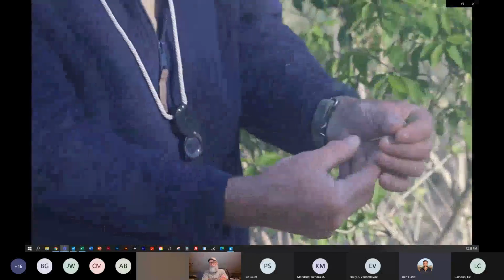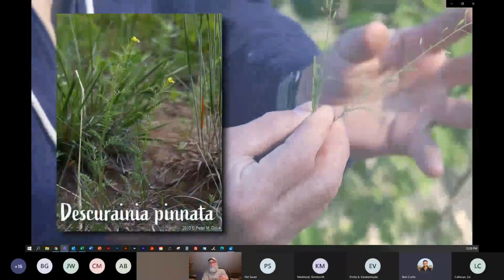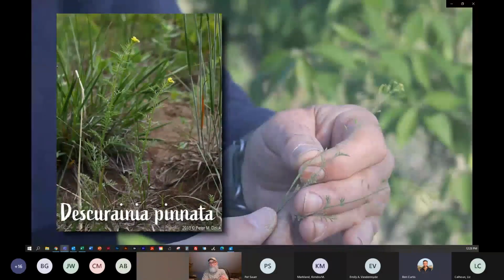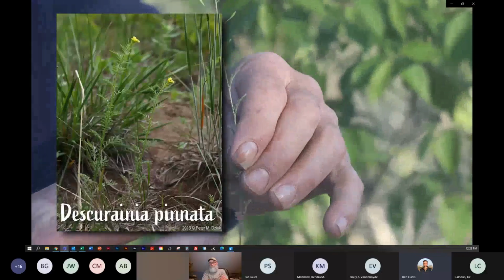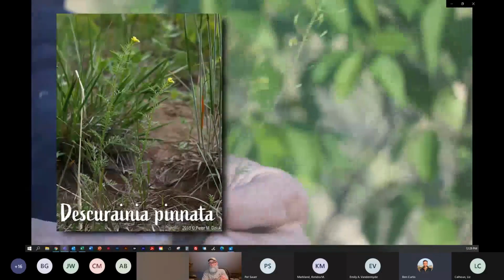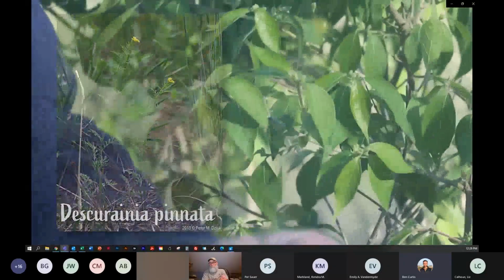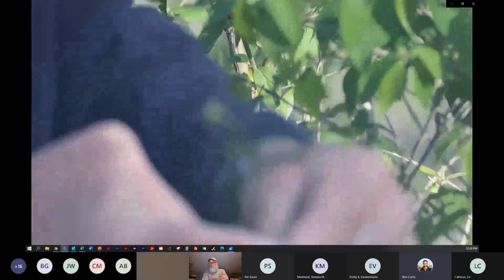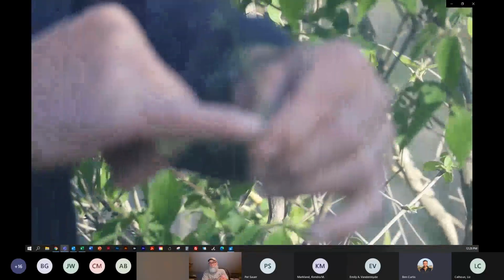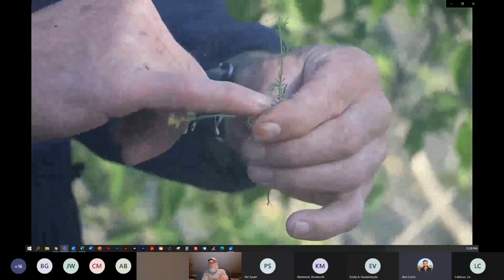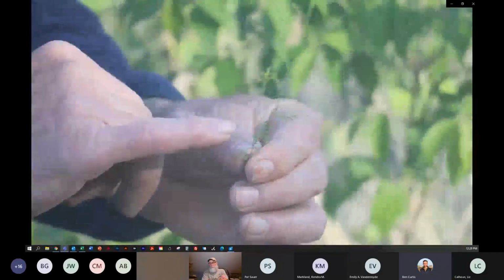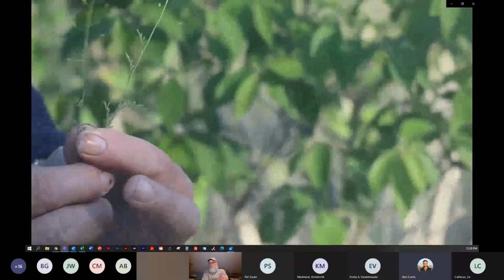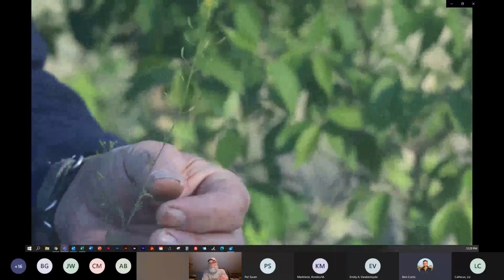This is a species called tansy mustard. So again, we're looking at some more mustards. But in this case, this is a native species. Tansy mustard is recognized by its very heavily dissected or compound leaves, almost fern-like little leaves because they're lobed so much.